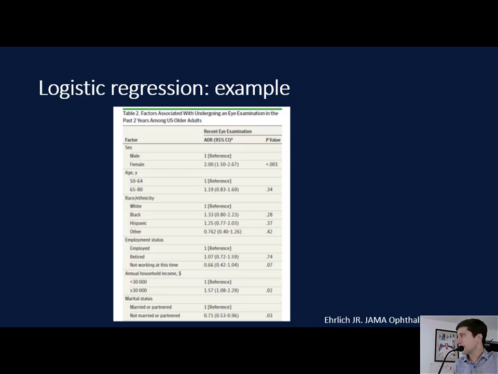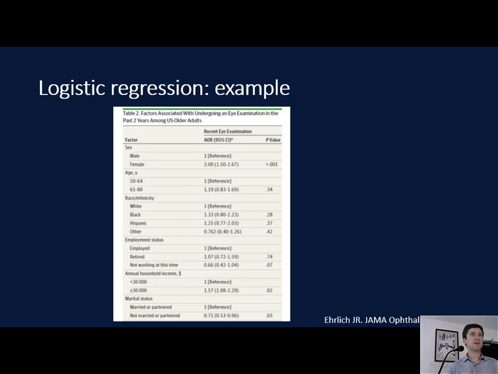We have a confidence interval around our odds ratio. I don't think I included any continuous predictors here. In fact, age we also categorized, 50 to 64 and then 65 to 80. But if you had a continuous predictor, like let's say we had age as a continuous predictor, we might interpret it as the change in odds per unit increase in age.